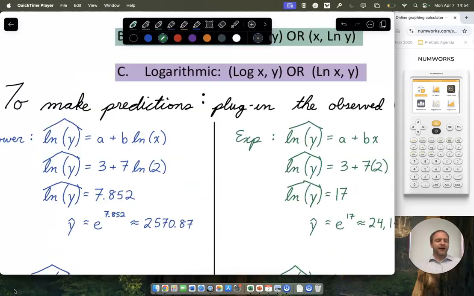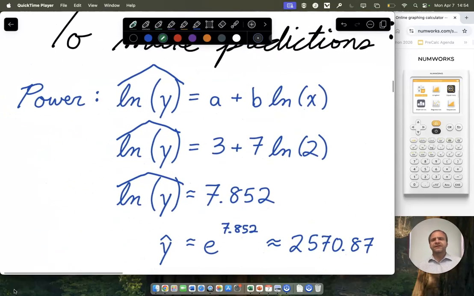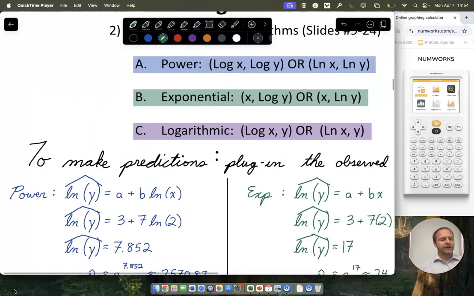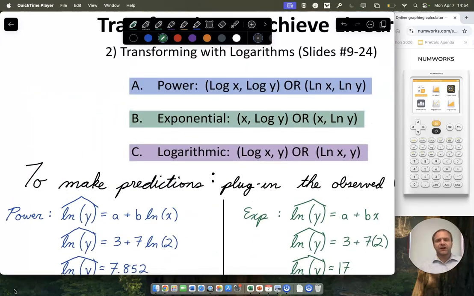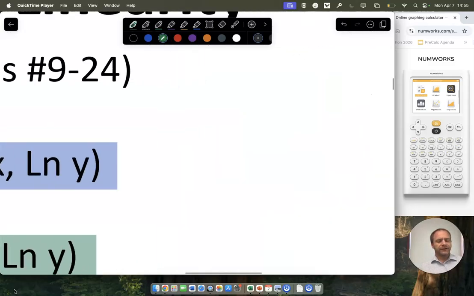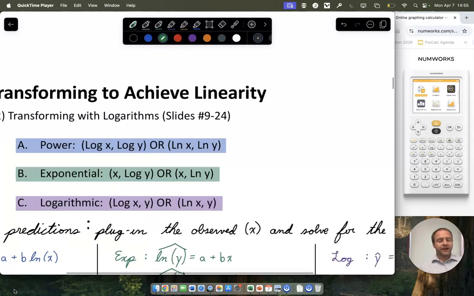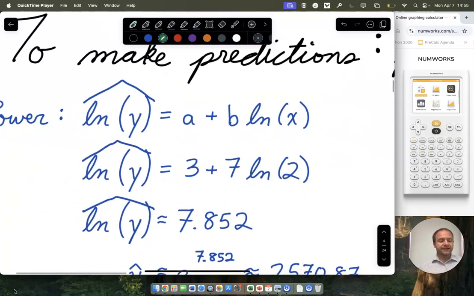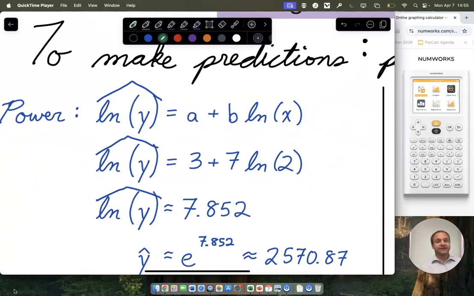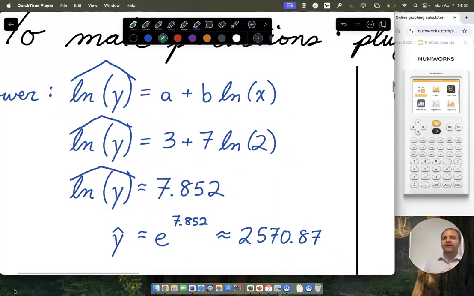And I'm going to start off with a power function. And so notice when you have a power, and we'll come back here, I'm using natural log. I'll also show the log. The y coordinate is natural log of y. And so I'm dealing with that. I have the predicted natural log of y equals a plus b natural log of x. And I have just some random numbers that I threw in over here just to help us out.